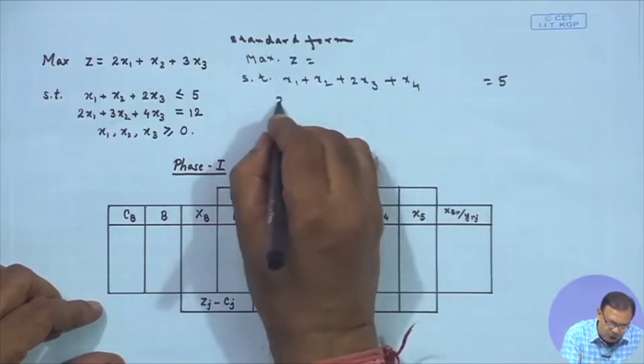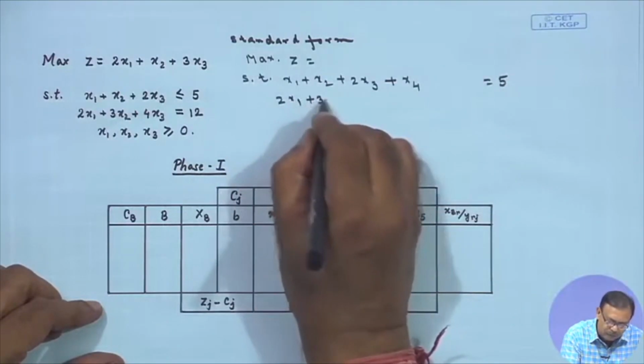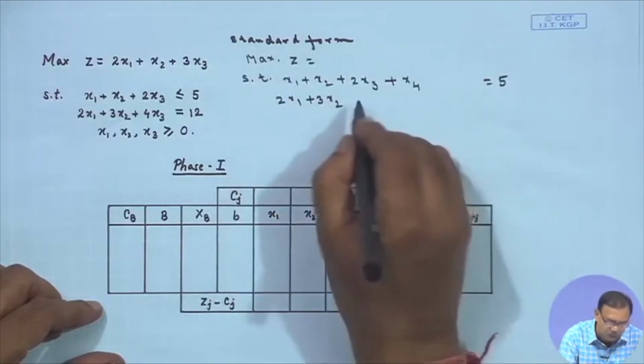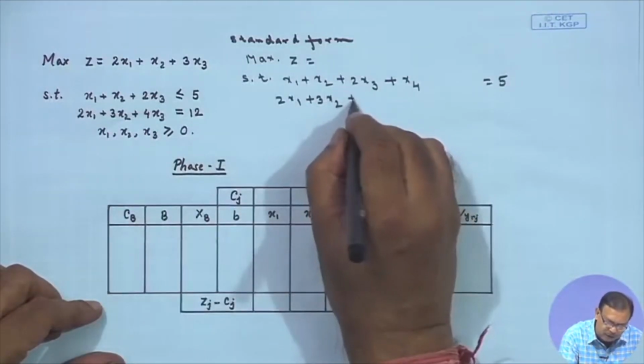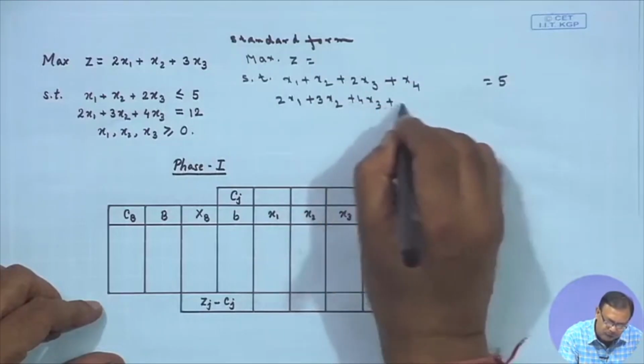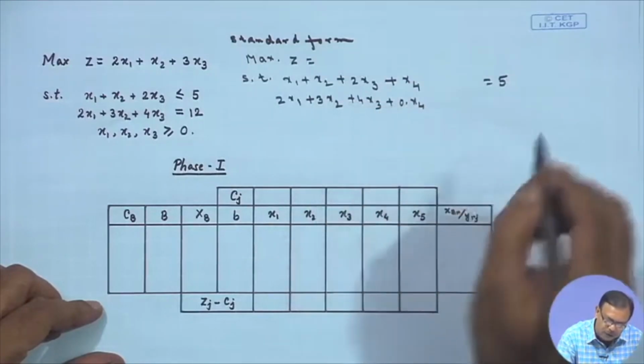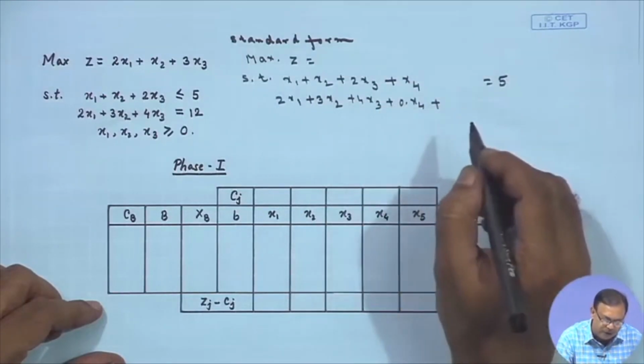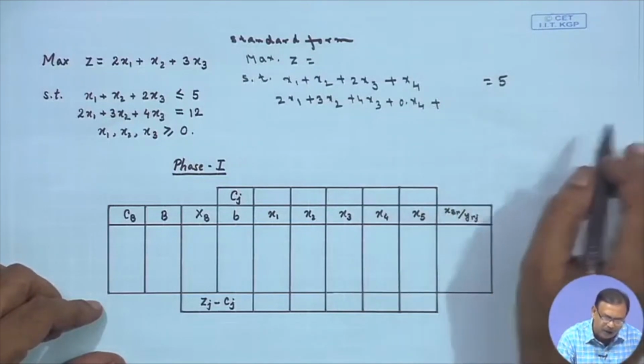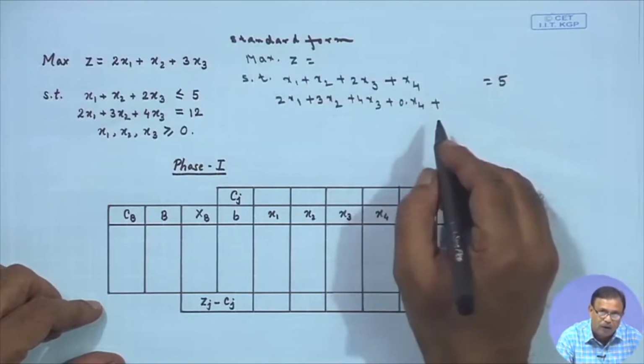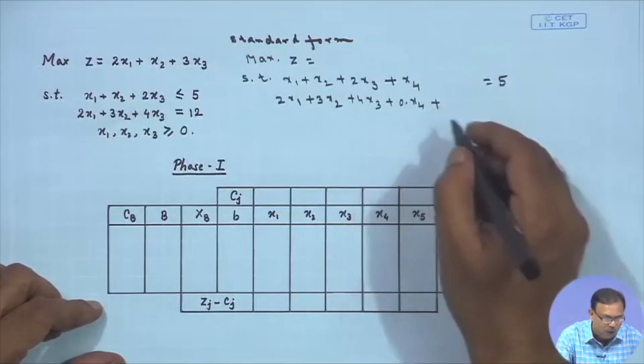whereas 2x1 plus 3x2 plus 4x3 plus 0 into x4. To get the initial basic feasible solution, as we have discussed earlier, you have to add one artificial variable over here.